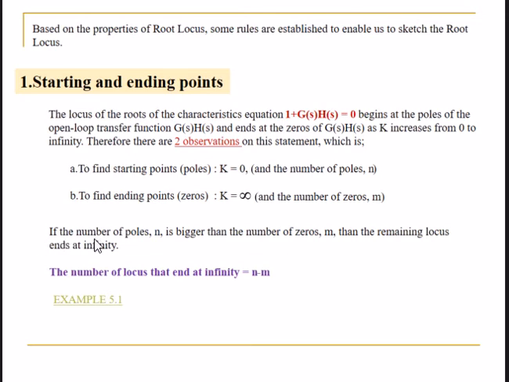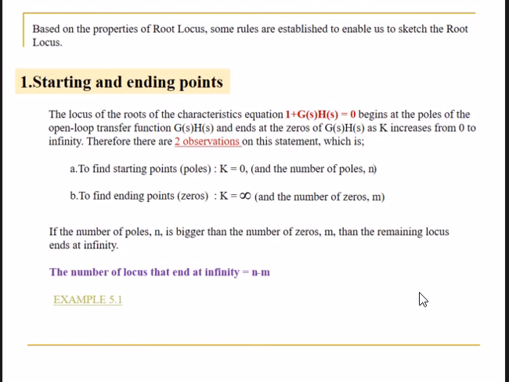If the number of poles n is bigger than the number of zeros m, then the remaining locus end at infinity. So we need to calculate the number of locus that end at infinity, which is n minus m, poles minus zero number.